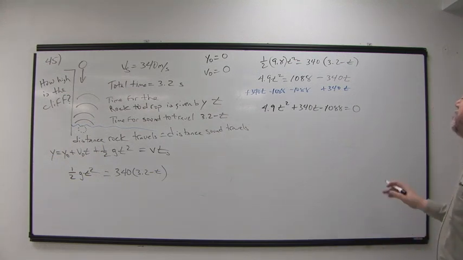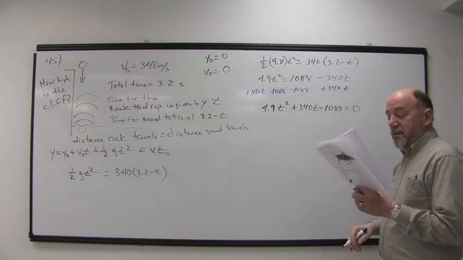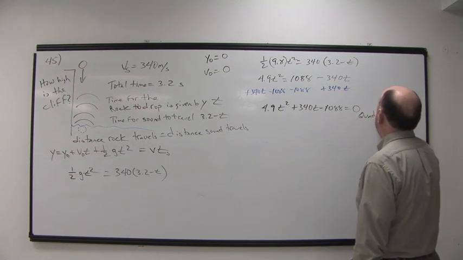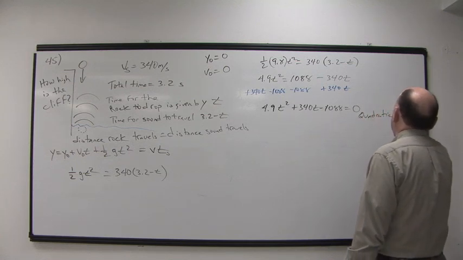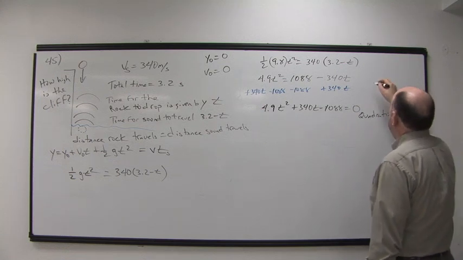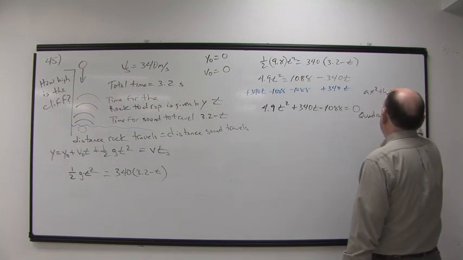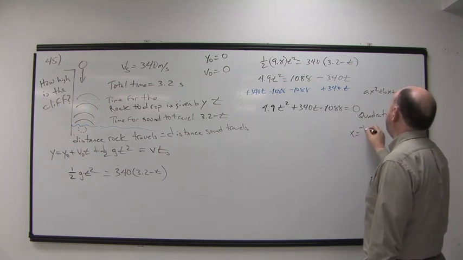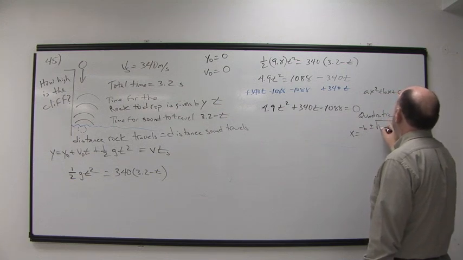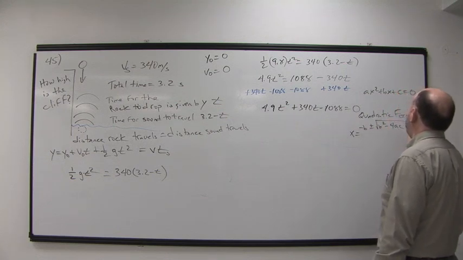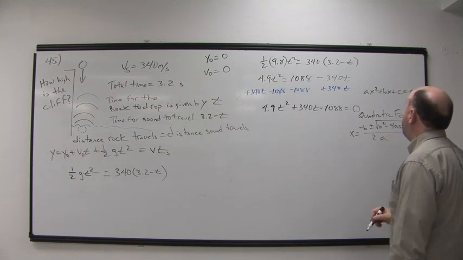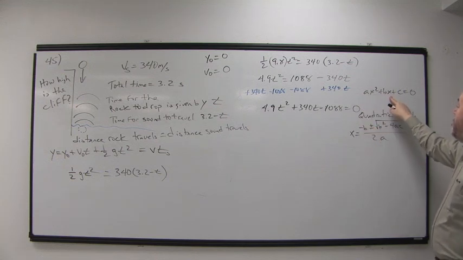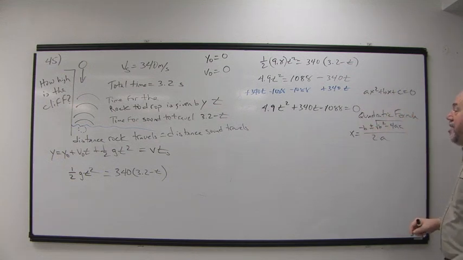Now the way we solve something like this is by using the quadratic formula. The quadratic formula was based on your general quadratic, a x squared plus b x plus c equals 0. And then x was equal to minus b plus or minus the square root of b squared minus 4ac all over 2a, where a was the number in front of the square term, b was the number in front of the x term, and c was my constant term.